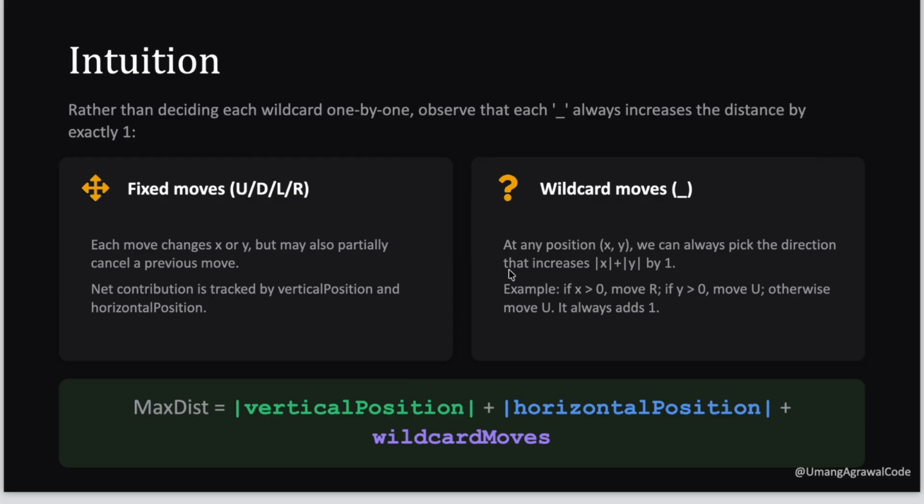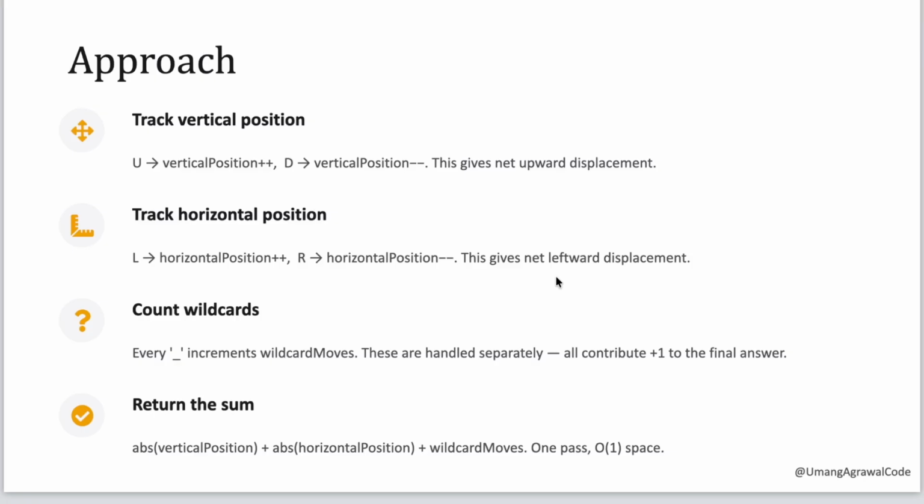As I have explained, at any position x and y which we get from fixed moves, we can always pick the direction that increases the absolute value of x or the absolute value of y by 1. Each wildcard move increases the value by 1. Okay, you can pause the video to read more.